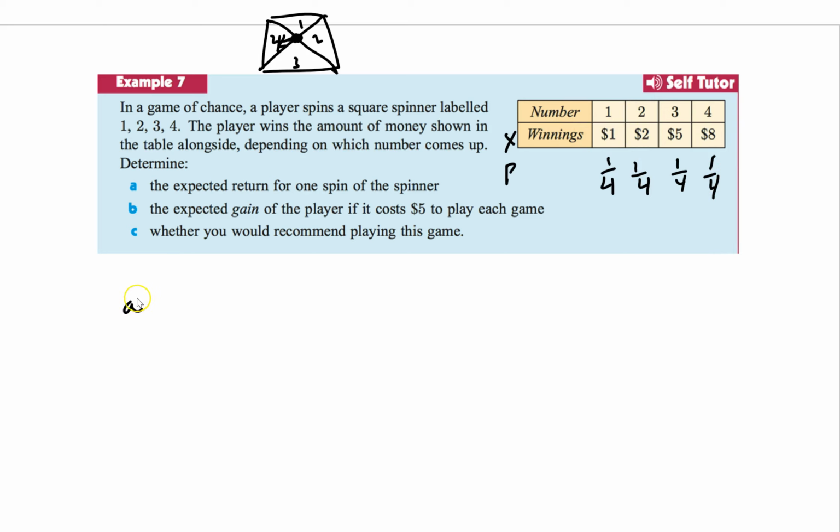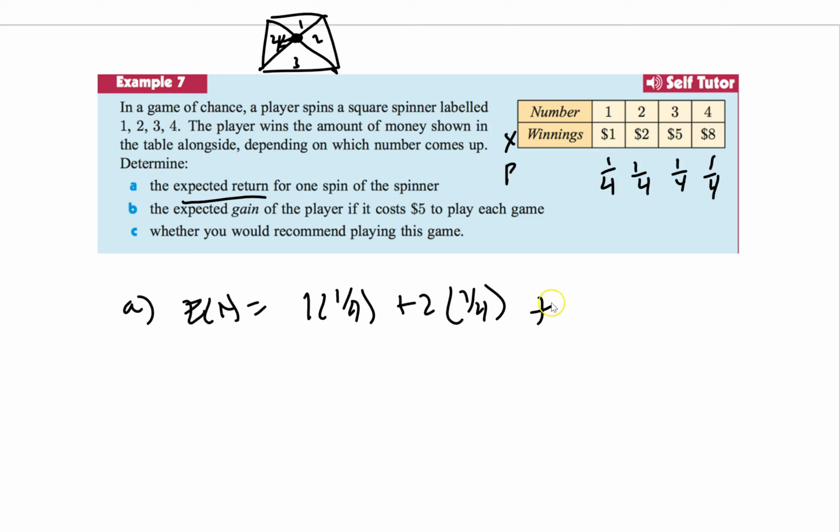The question asks for the expected return of one spin, the expected value. So you just multiply these things and add them up. It's $1 times 1/4, plus $2 times 1/4, plus $3 times 1/4. Actually, that's wrong. It's not $3, we're only getting paid $5.